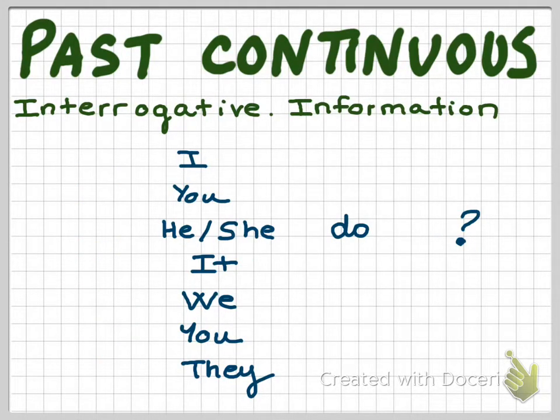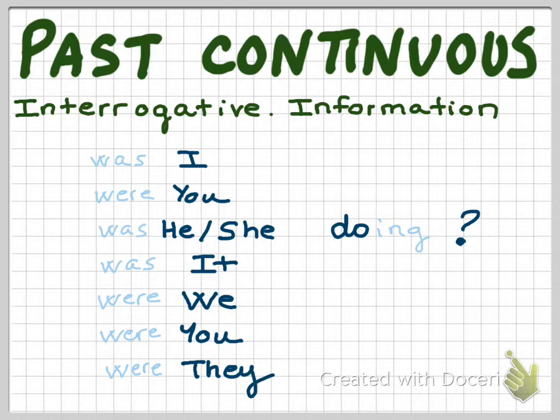It happens the same for the information question. You need to add ing to the end of the verb and include the verb to be, was or were. You must pay attention to the singular forms of the verb to be that we use in this case with I, he, she, and it.